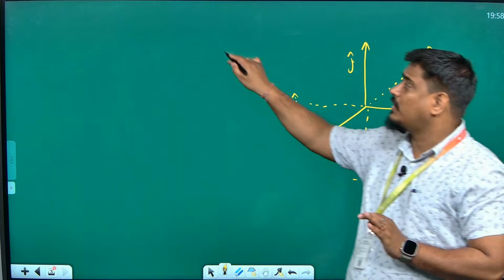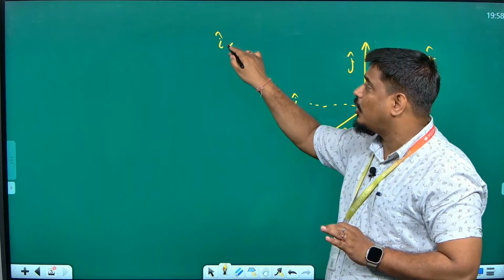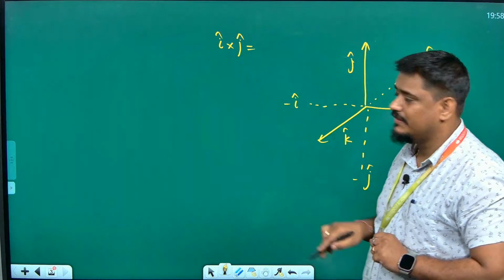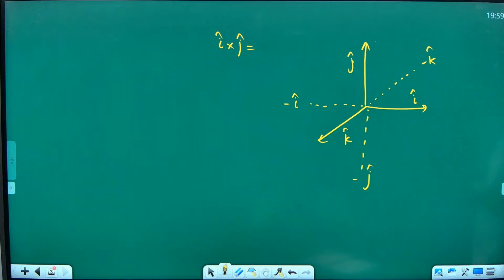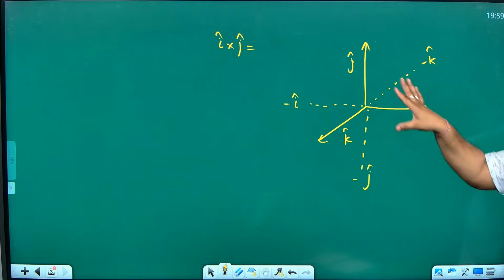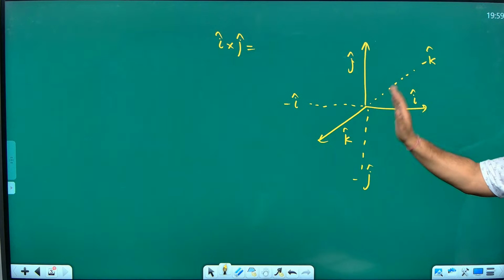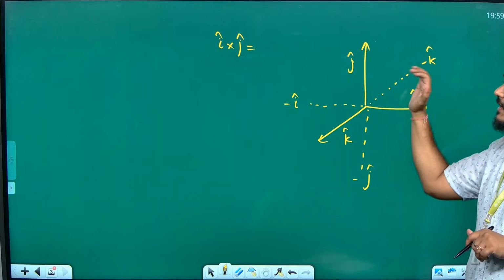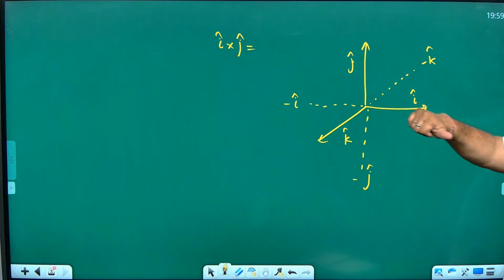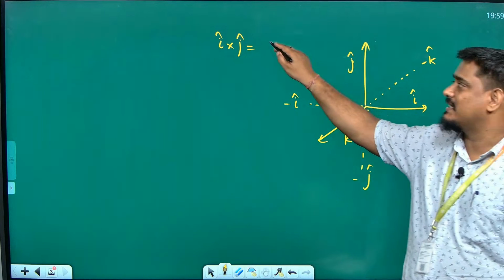When I wrote I cap cross J cap, the answer came as magnitude of I into magnitude of J into sine 90, everything is going to give me 1, and finally I kept my hand on I, went till J, my thumb pointed towards K, so I wrote the answer as K, right?